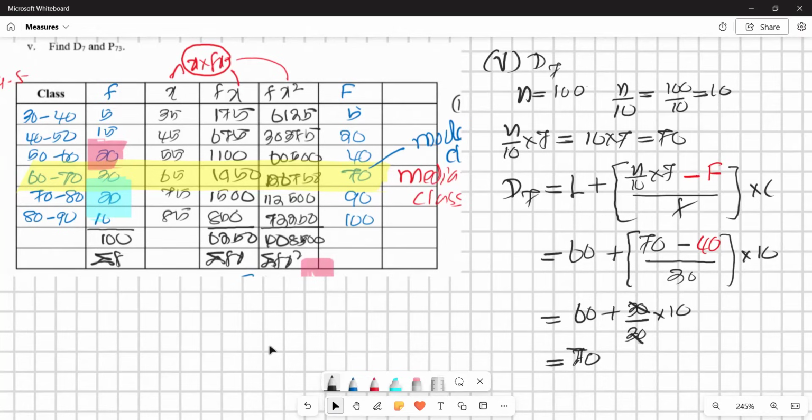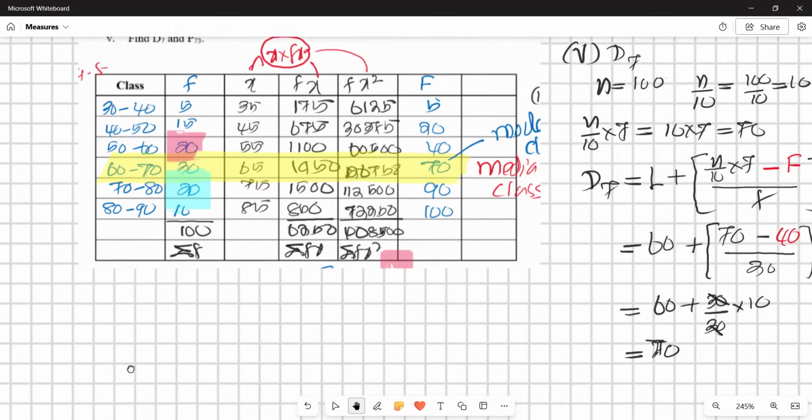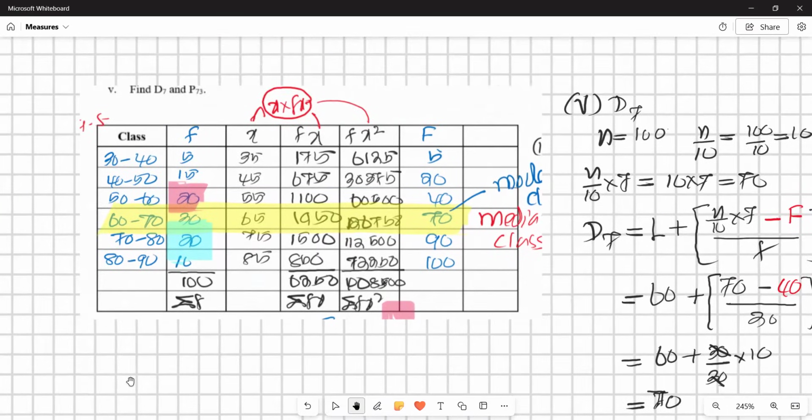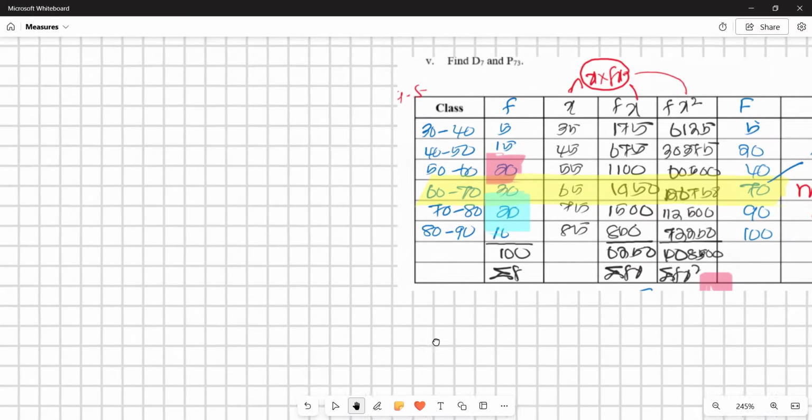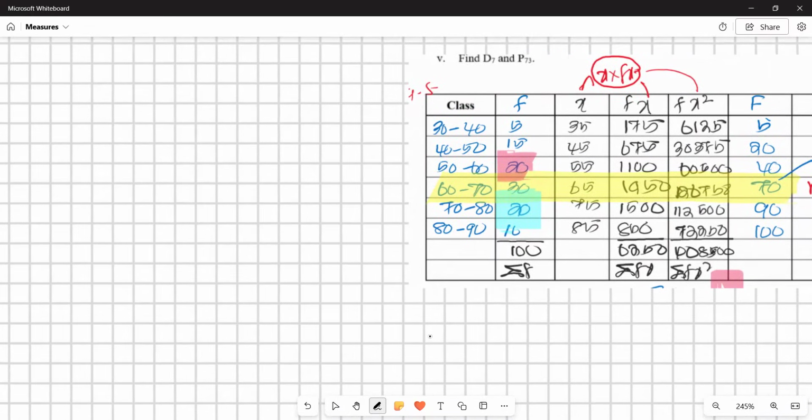The next part is to get P73, the 73rd percentile. Now divide by 100, multiply by 73. These are the pre-calculations. n divided by 100, that is 100 divided by 100, is 1.